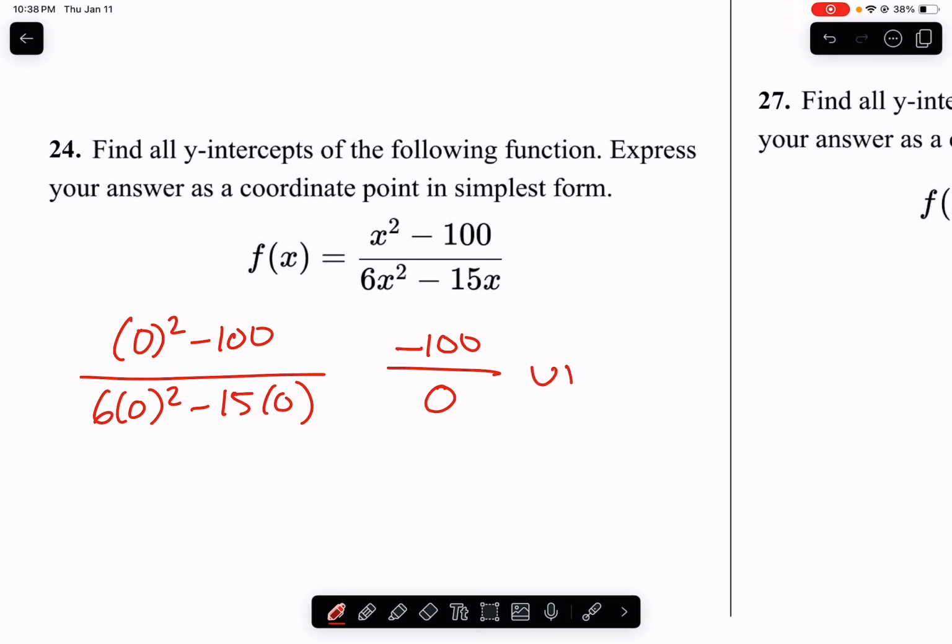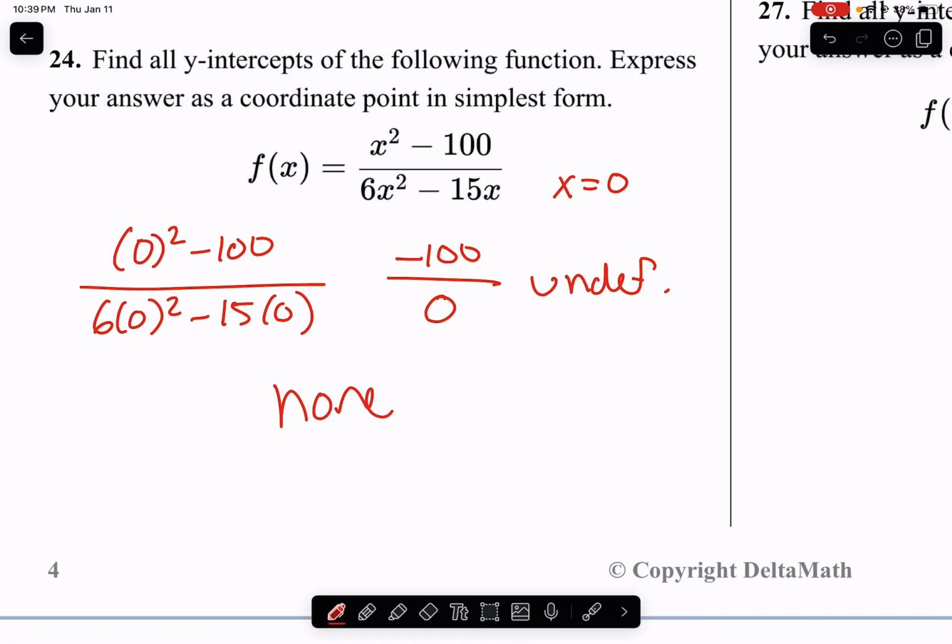So this is undefined, which, if you think about it, we're going to have a vertical asymptote at x equals 0 when you plug that in. So that makes sense that we can't have 0 comma something, which would be our y-intercept, because it's undefined there. So this one, we don't have any.